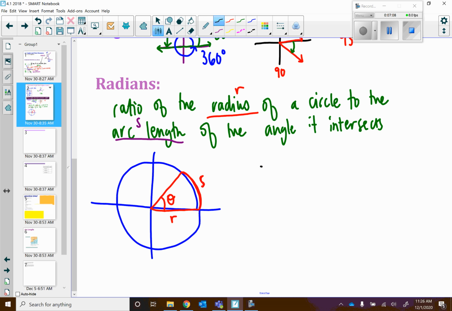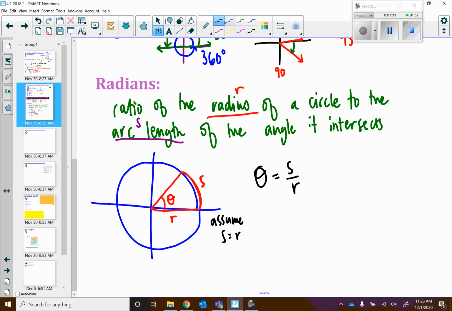Theta, the angle measure, is equal to a ratio of our radius and arc length. So in this case, we could take the arc length divided by the radius. Let's assume in my drawing that S is equal to r.